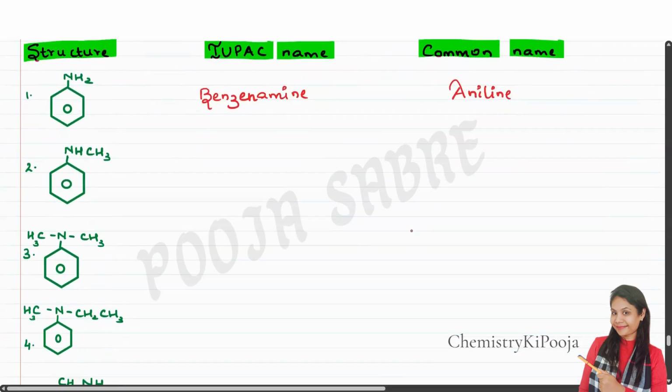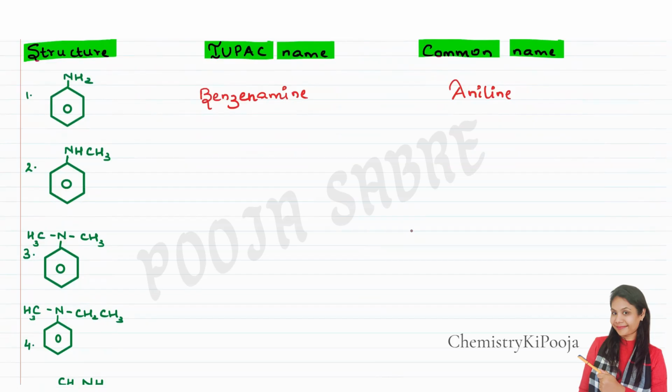Now coming to 2-degree and 3-degree amines, which is very important. How to name this structure? In this case, I can see that there is again benzene and the amine group, but along with this, there is also CH3. Whenever you have a substituent attached to the nitrogen, you need to write down the position.